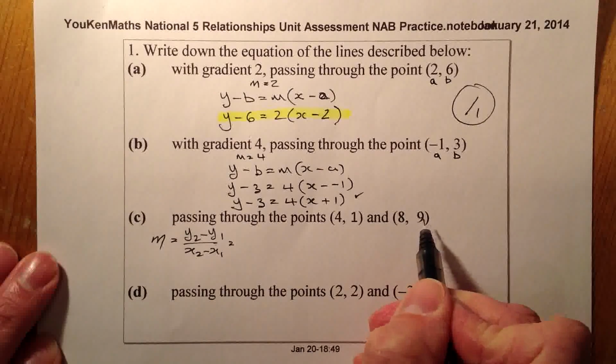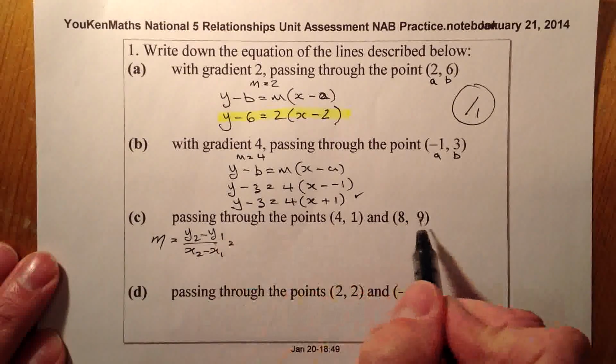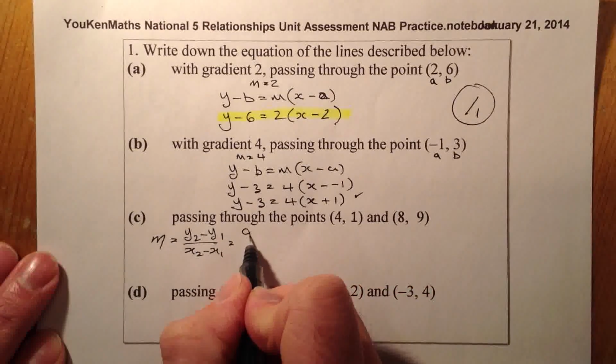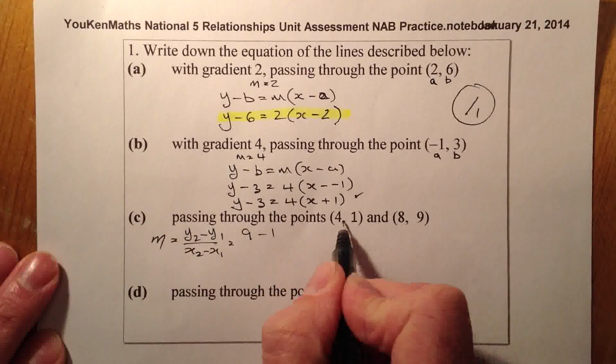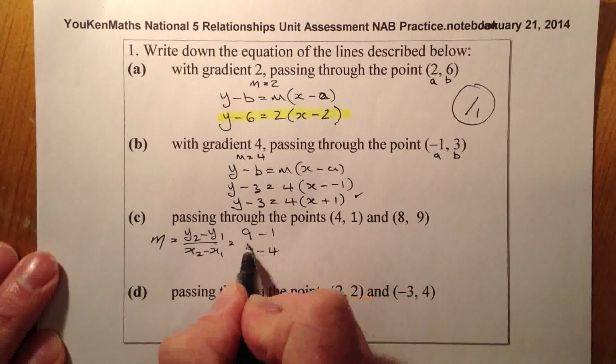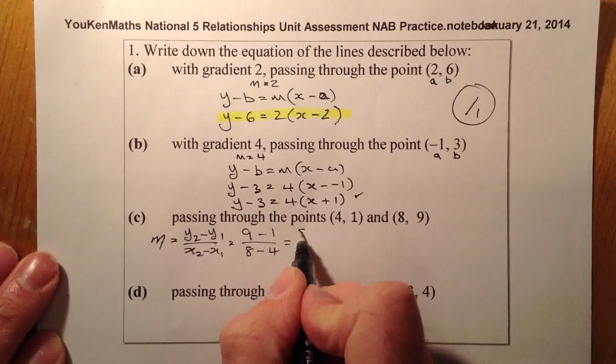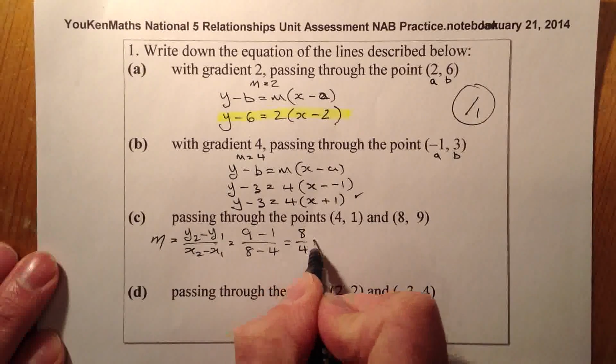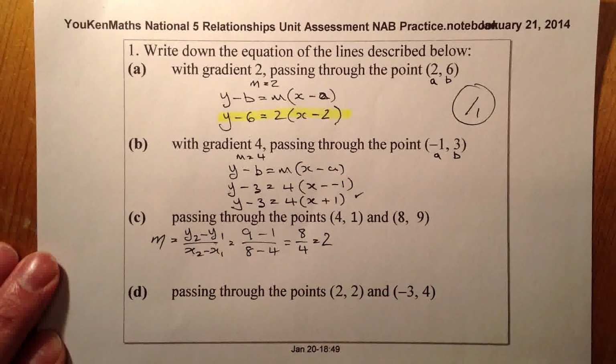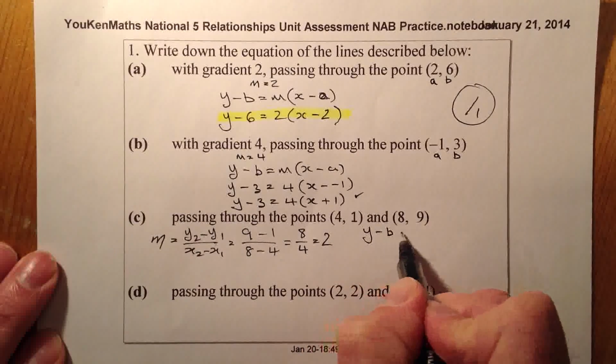I'll take this as one of the points that I've got, so this is my point 2, so I've got 9 take away 1, 8 take away 4 on the bottom. That's going to give me 8 on the top, 4 on the bottom, which gives me a gradient of 2.